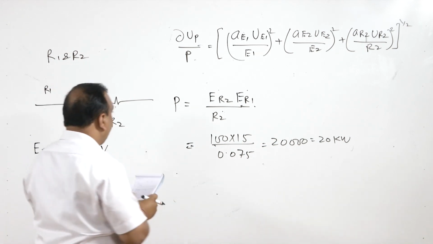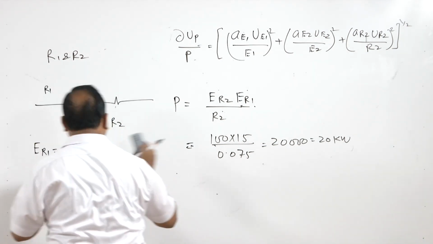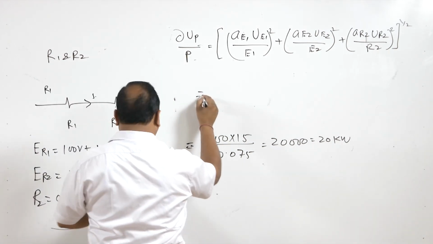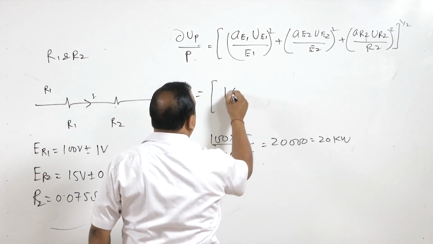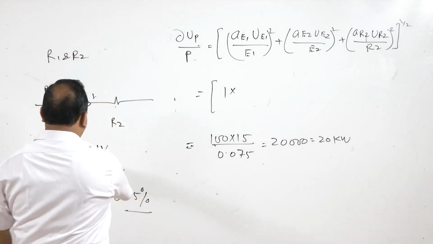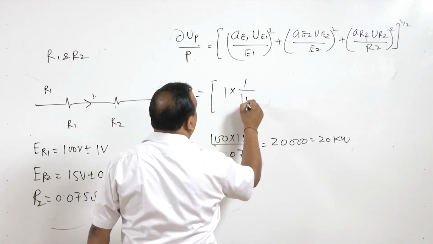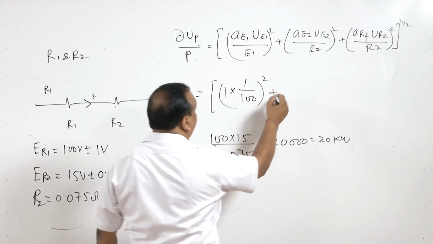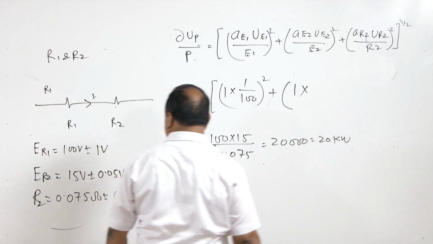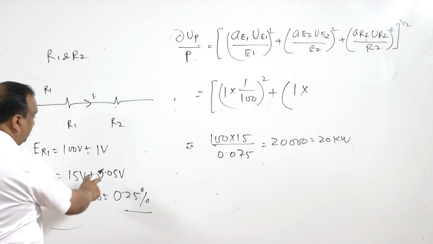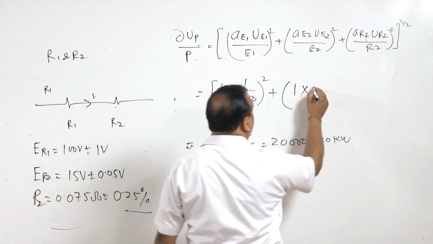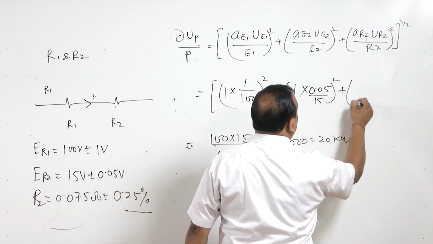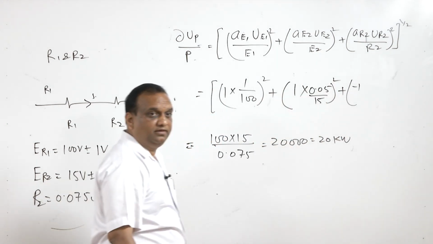right? So here we will calculate uncertainty in power divided by power is equal to 1 into error is 1 by 100 whole square, plus again AE2 is also 1, so 1 into 0.05 by 15, plus here it is minus 1, right?